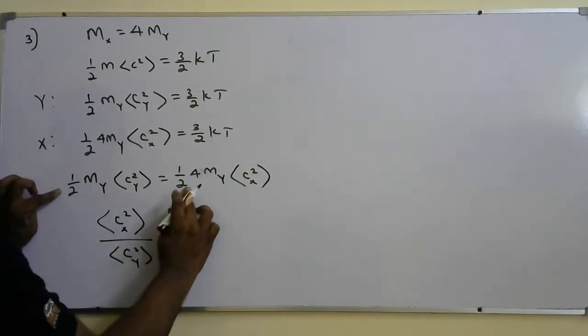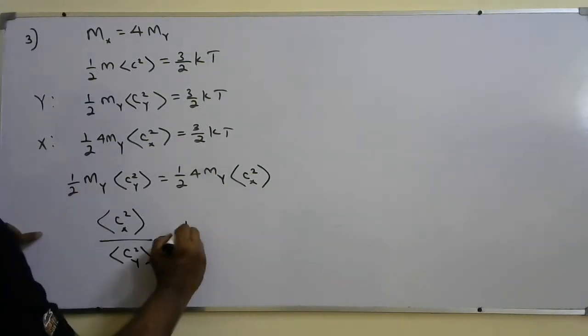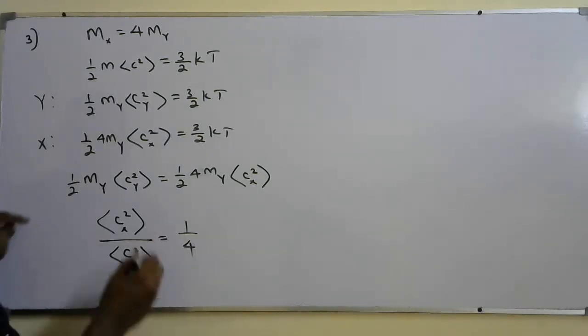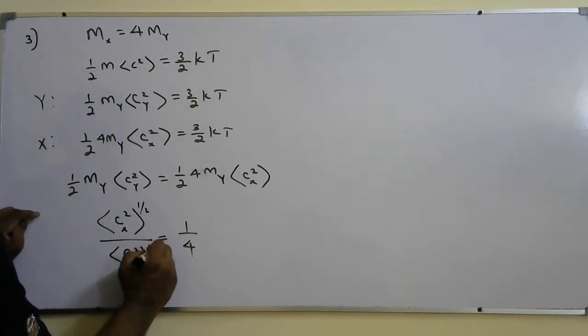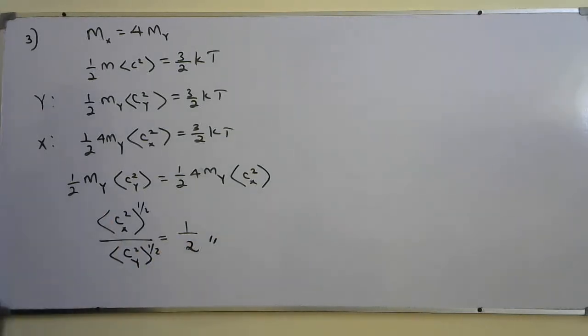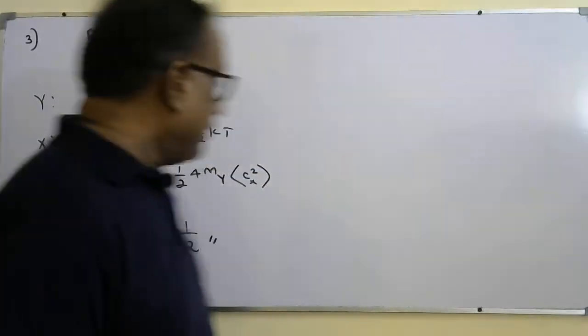Half got cancelled, my got cancelled, so cx squared over cy squared will be 1/4. If you take the square root of both sides, because they are comparing the ratio of the RMS speed, not the mean square speed, the root mean square speed, 1/4 will become half. So the correct answer for question number 3 is B.